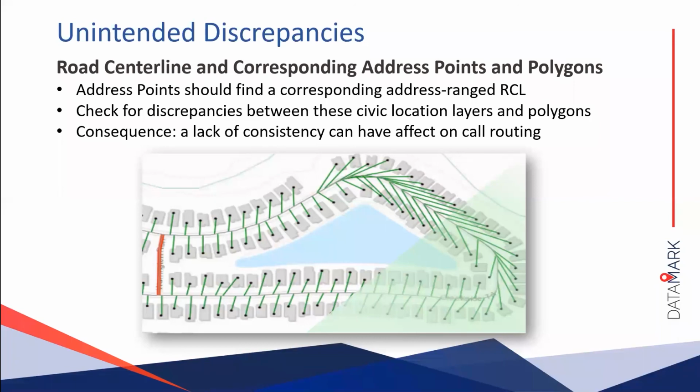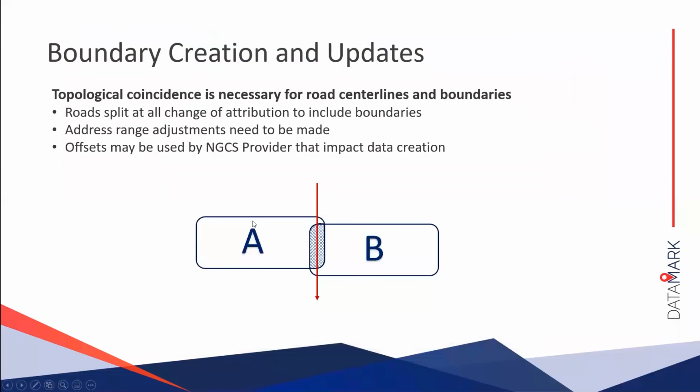Moving into the next slide, you see as you create the boundaries and update the boundaries that you start with, that topological coincidence is also necessary for road center lines. Everybody everywhere has too many boundaries that are driven by the location of a road center line or an offset of that road center line or the right of way of that road, which may or may not be indicated appropriately by the center line itself.